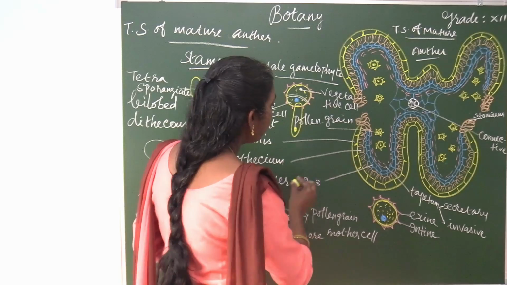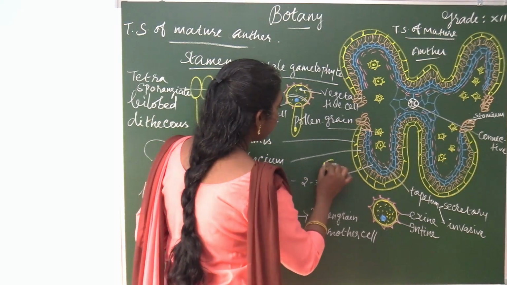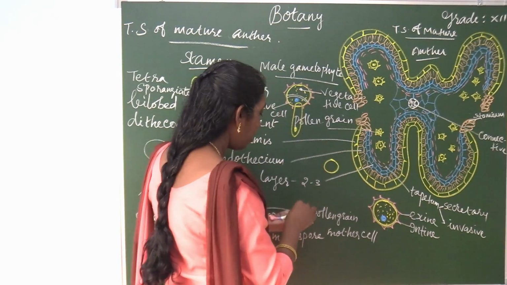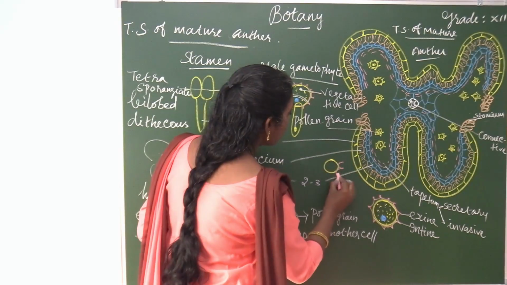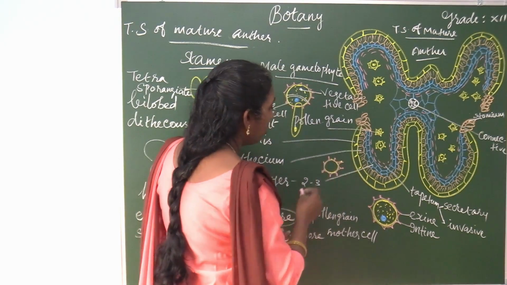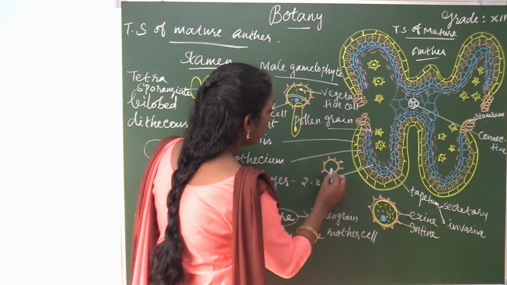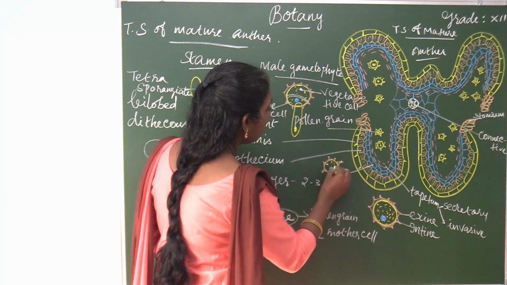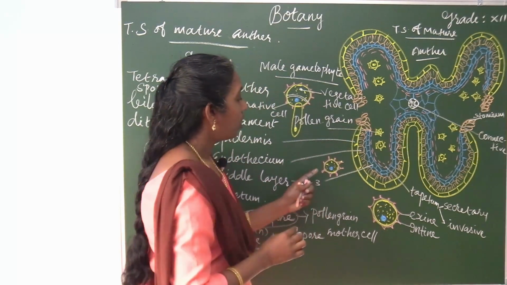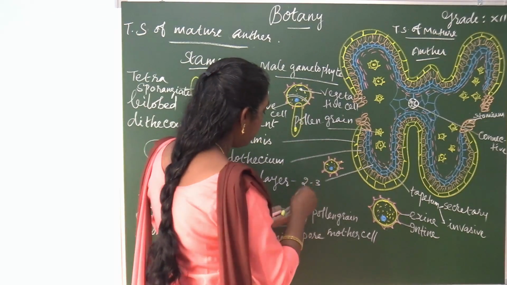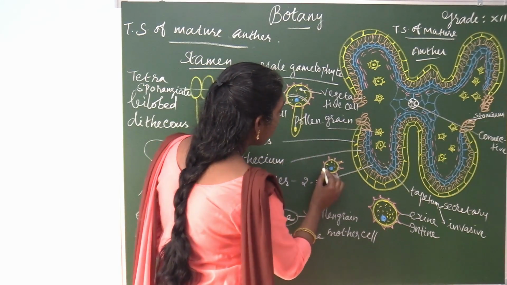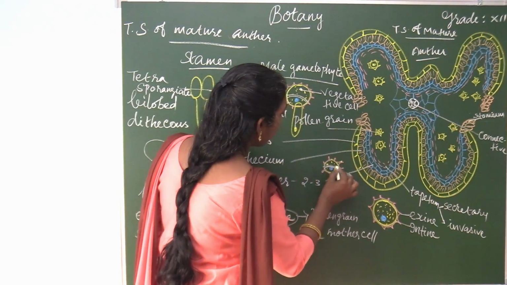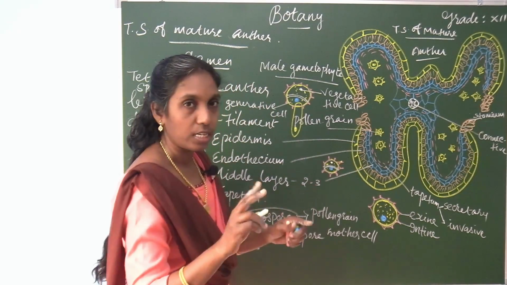Let's see the diagram. Here there is the intine and this is the exine. Here is the nucleus with dense cytoplasm. There is a vegetative cell and a generative cell, which is the two-celled stage.